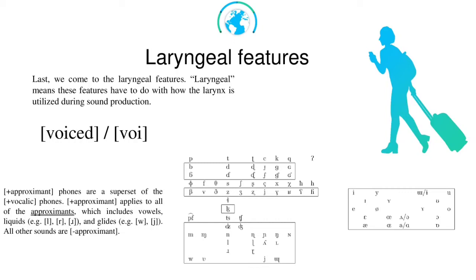Approximant applies to all the approximants, which includes vowels, liquids, e.g., l, r, and glides, e.g., w, j. All other sounds are minus approximant.